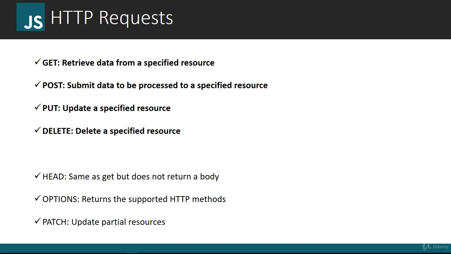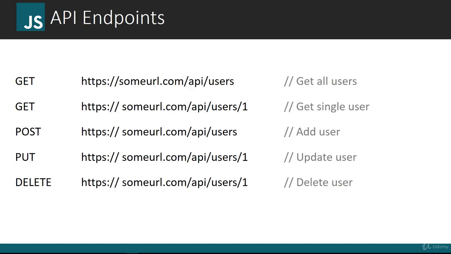A PUT request is usually used to update a specific resource that's already on the server, and then a DELETE request, of course, is used to delete a specified resource. Now, there's others as well, such as HEAD, which is the same as GET but doesn't return a body, it just returns the header. We have OPTIONS, which returns the supported HTTP methods of that specific server or API, and then PATCH, which updates partial resources. It's similar to PUT, but we're going to focus on the main four.